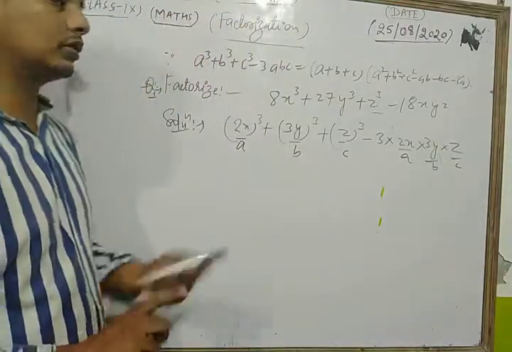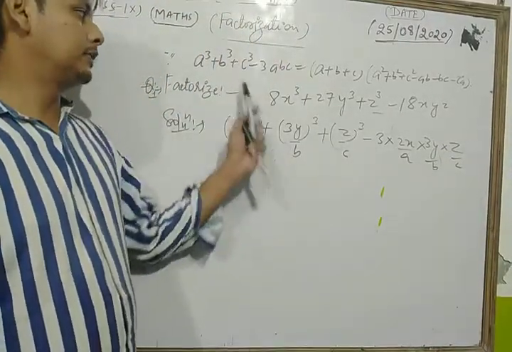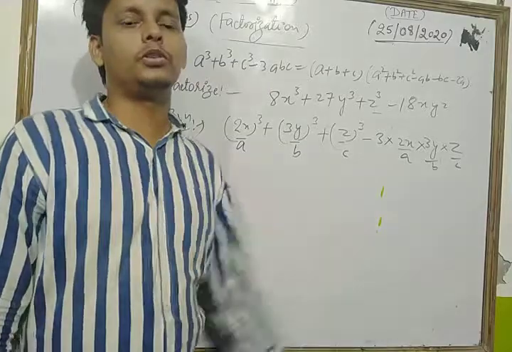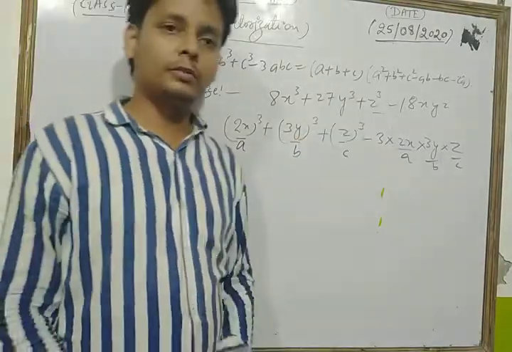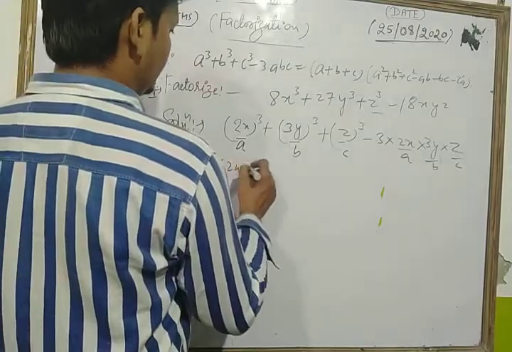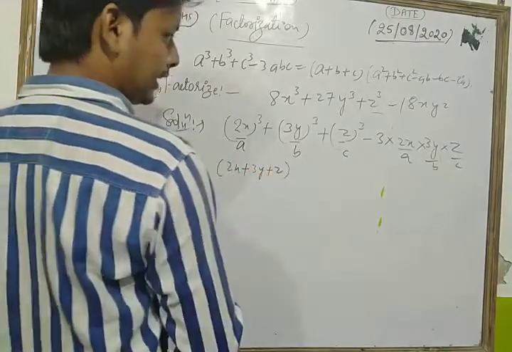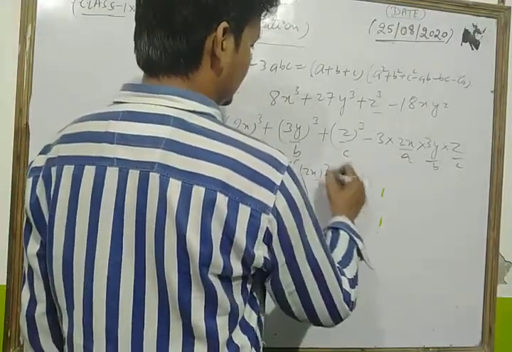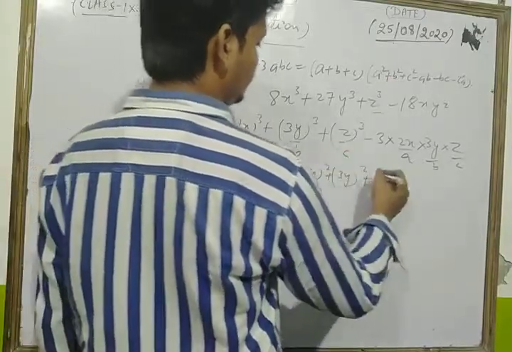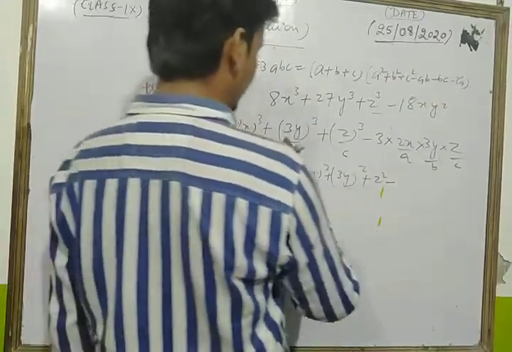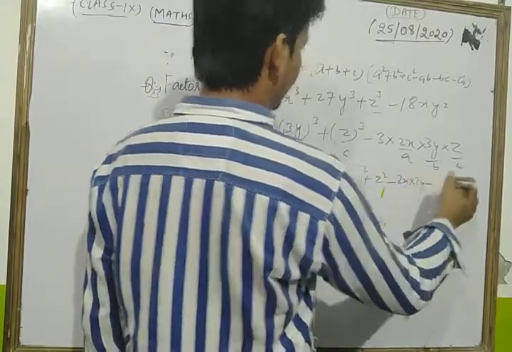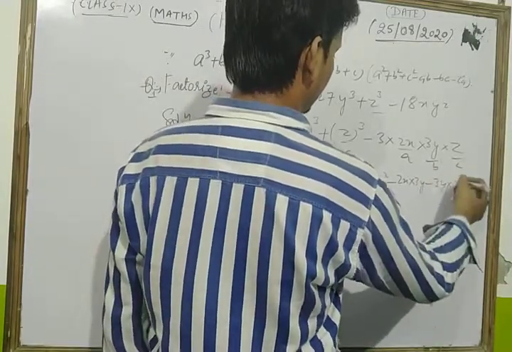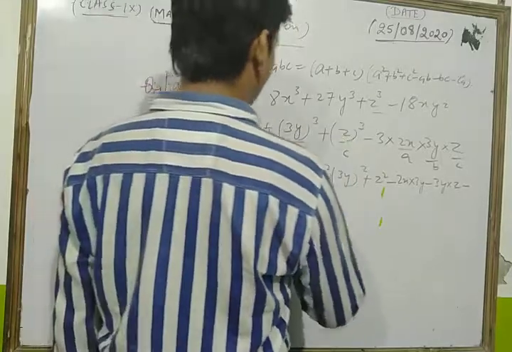Now we know the identity a cube plus b cube plus c cube minus 3abc. We can write it as a plus b plus c in one bracket and in another bracket a square means 2x square plus b square means 3y square plus c square means z square minus ab means 2x into 3y minus bc means 3y into z minus ca means z into 2x.